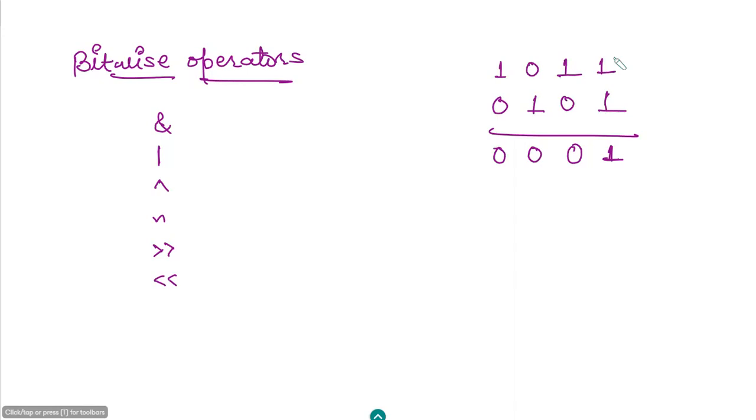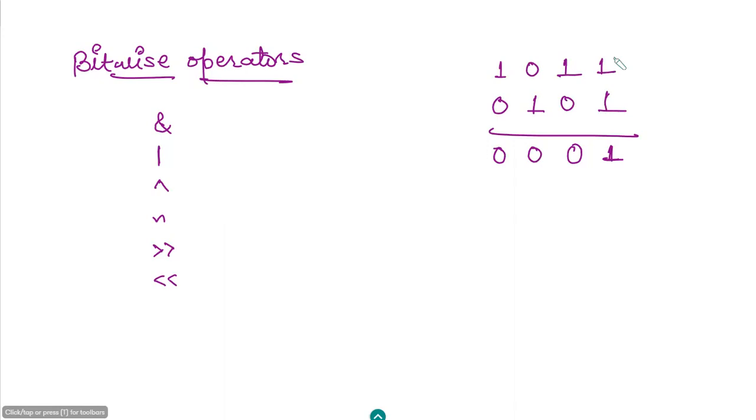And the OR operator will copy the bit to the result if the bit is present in either operand. Suppose in the first operand the bit is present, and in the second operand the bit is present too.